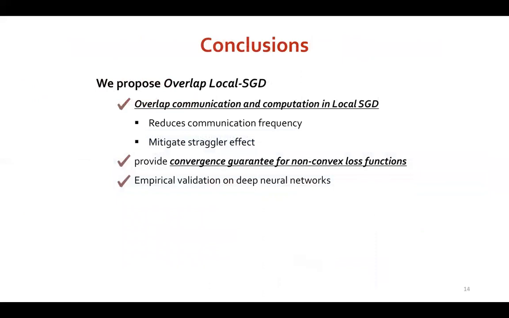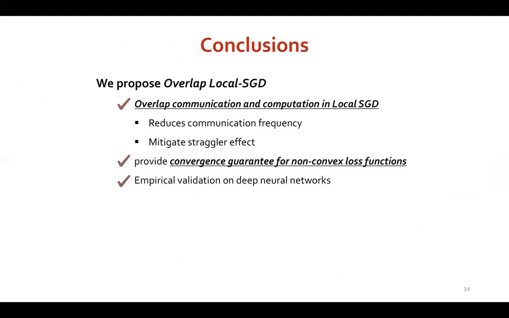So summarizing, in this work, we proposed Overlap-Local-SGD, which is a method to simultaneously perform local computation at the workers and communication between nodes. And as a result, it provides robustness to stragglers and reduces the communication time per iteration.